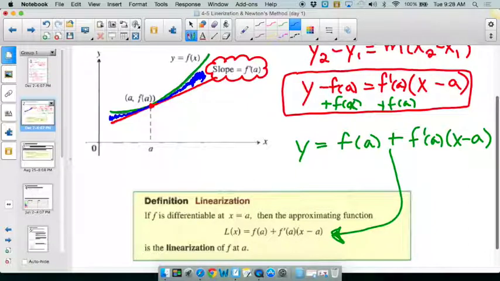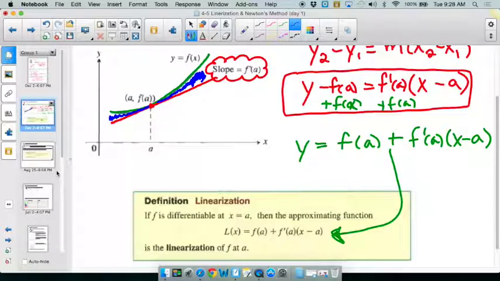So let's go back to what we said an approximation was. It was a guess. It was a good guess, a reasonable guess. It got you close to the value. So if I use the red line to approximate the green value, where can I use that approximation relative to the point a? Close to a. Does that make sense? Why can I only use this line to approximate the green values when we're close to a?